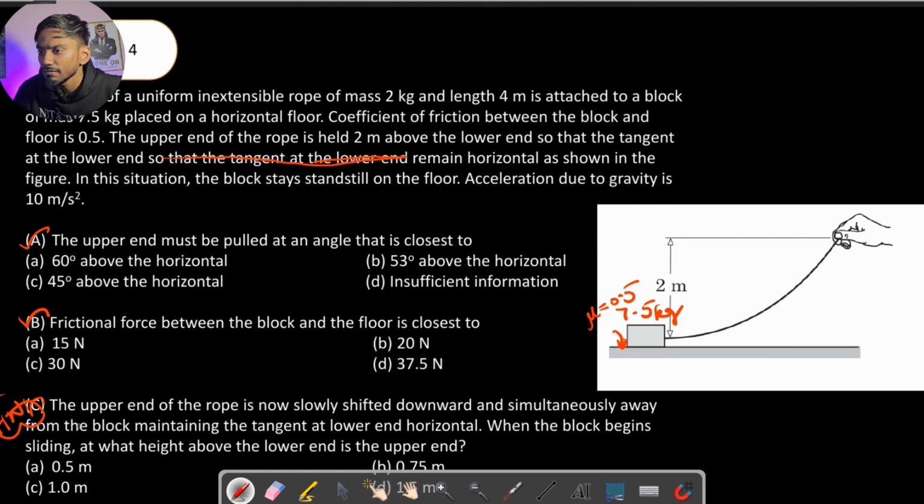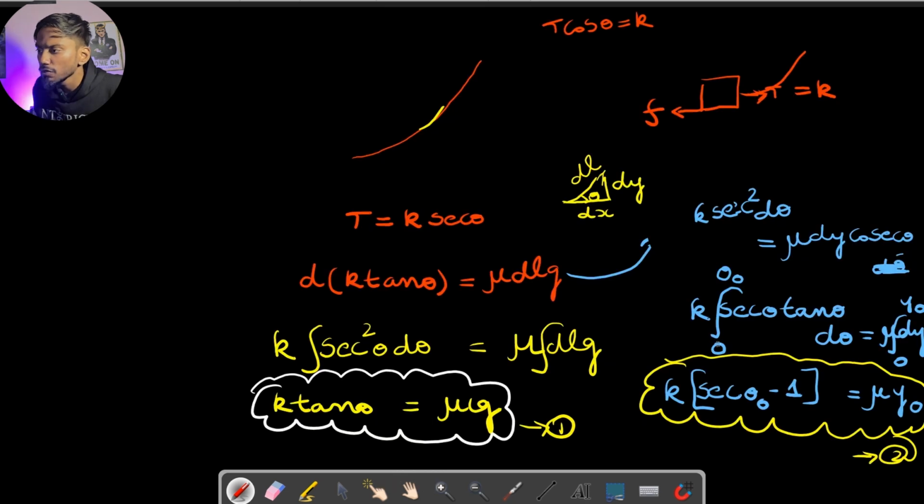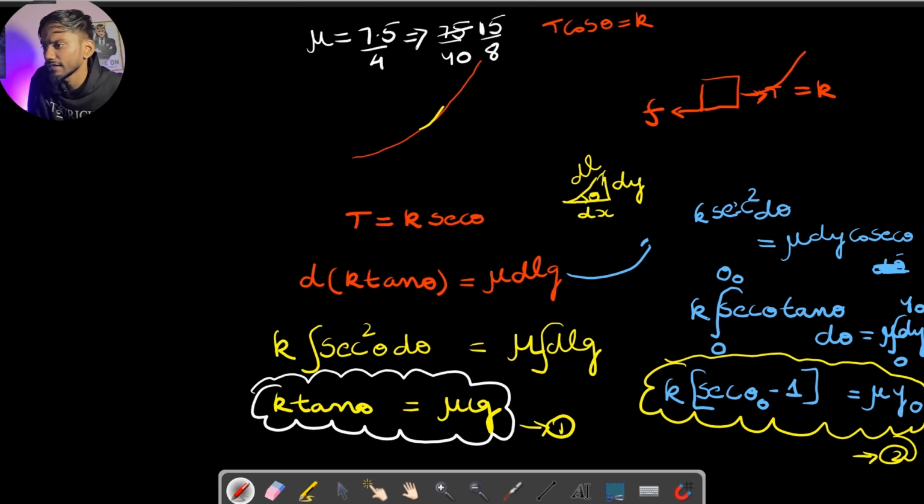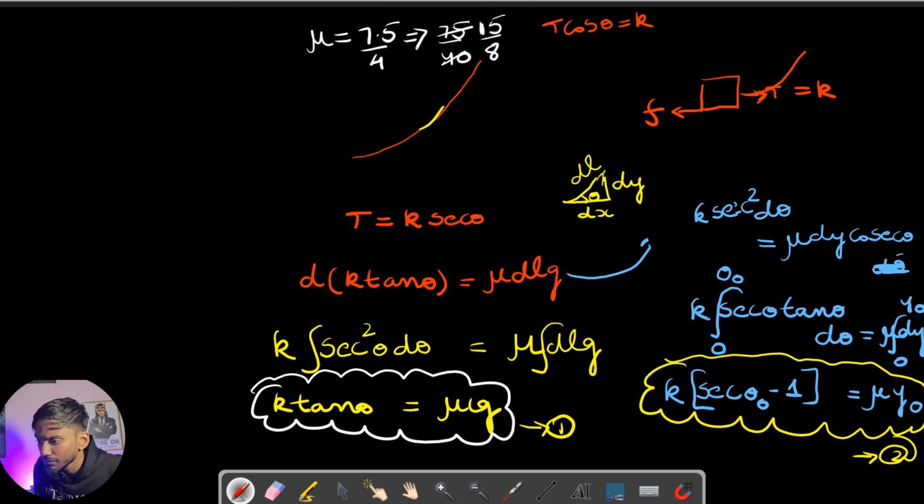And the mass is 7.5 kg, so mu becomes 7.5 by 4 m by L. Mu is equal to 7.5 by 4. If I write this as 75 by 40, furthermore if I cancel 5, it becomes 15 by 8. We got the value of mu. So K times tan theta is equal to mu into L into g.